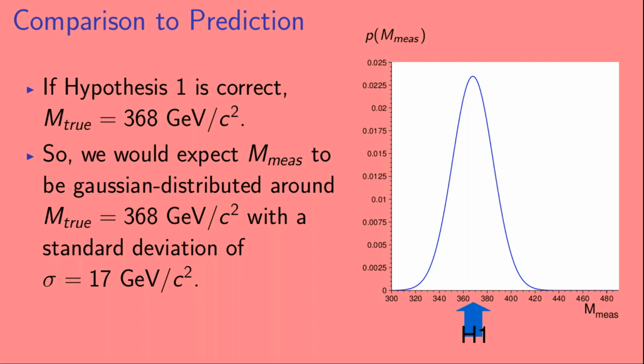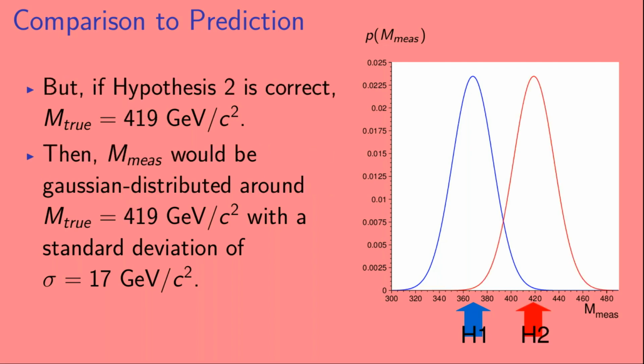So we would expect m measured to be Gaussian distributed around m true, that's 368 GeV/c², with a standard deviation of sigma equal 17 GeV/c². But if hypothesis 2 is correct, m true is equal to 419 GeV/c². Then m measured would be Gaussian distributed around m true equals 419 GeV/c², with a standard deviation of sigma equal 17 GeV/c².